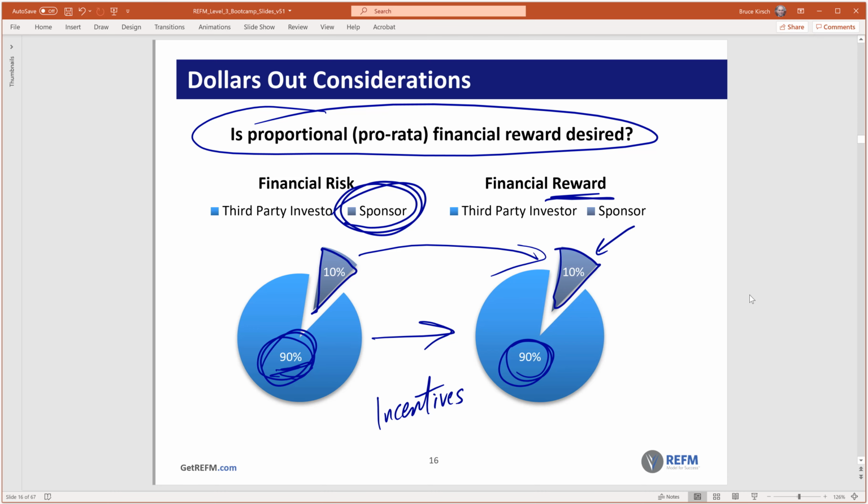And so it would be much more desirable if the sponsor, given they produce terrific results above some negotiated threshold, could walk away with, let's say, 20%, despite having only invested 10% of the cash equity. And so that would then bring the investor on a net basis down to 80%.